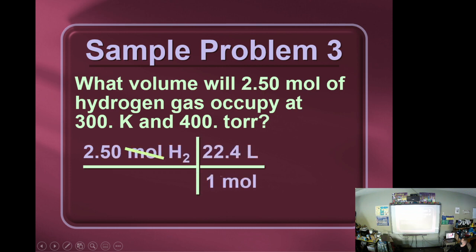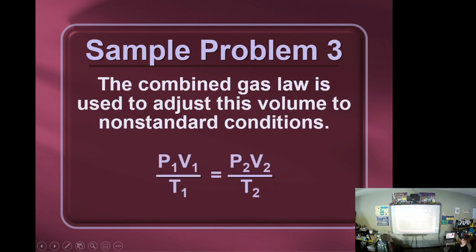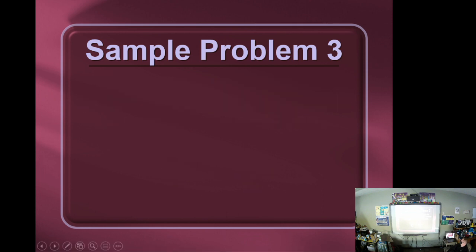So like I said, the first thing we'll need to do is convert from moles to liters. But that's at STP. So from there, we will need to use the combined gas law to convert it to non-standard conditions.